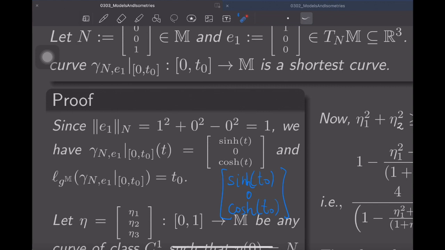Okay, but not only that. It's parameterized by arc length. So the hyperbolic functions cosine and sine give me the parametrization by arc length. Is it clear? Yes.